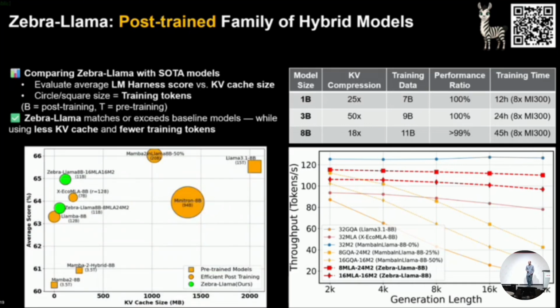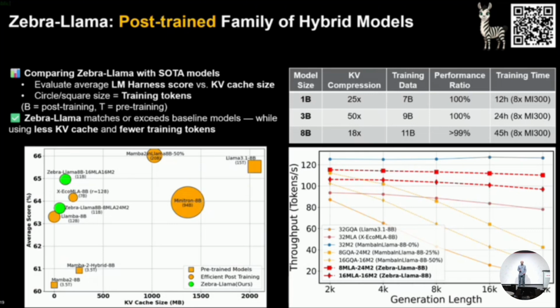The other aspect that we also evaluated was the trade-off between the accuracy of the model versus KV cache size. And you can see here we compare our model with other state-of-the-art models in the literature. The green Zebra Llama models, in terms of KV cache size, are pretty competitive.